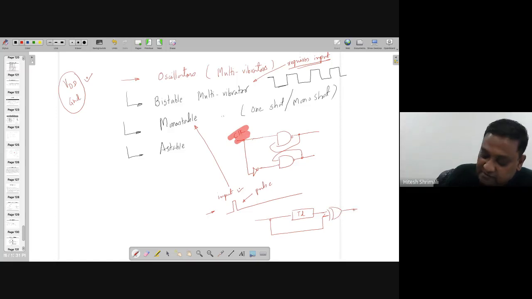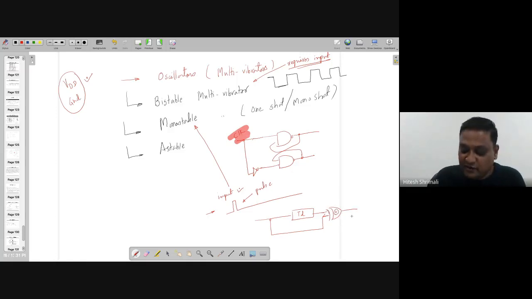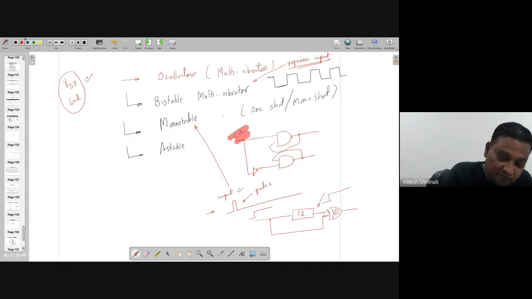XOR gate is the one where if both the inputs are different, then output is one. So the output here is actually a delayed version of the input, because of the delay of this TD element. In that case, this particular window is going to be the output.